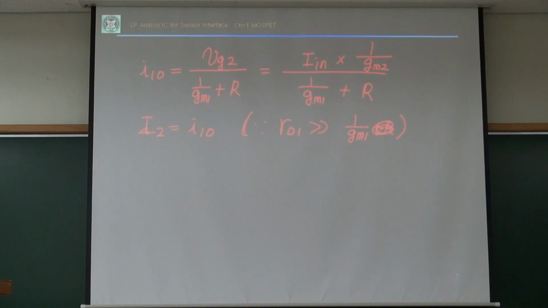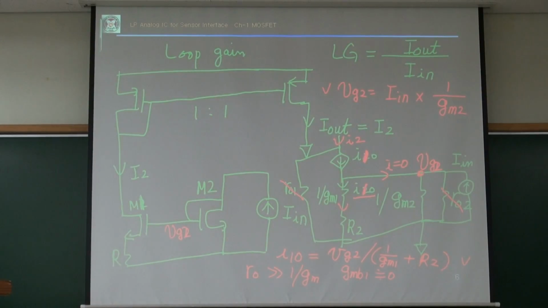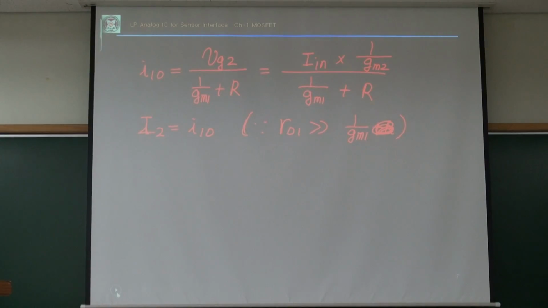Actually, my previous equivalent circuit has something wrong here. This RO1 must be connected between drain and source, not there. So my I2 is I1. So my loop gain, which is I2 over I in, is 1 over GM2 divided by 1 over GM1 plus R, which is smaller than 1.